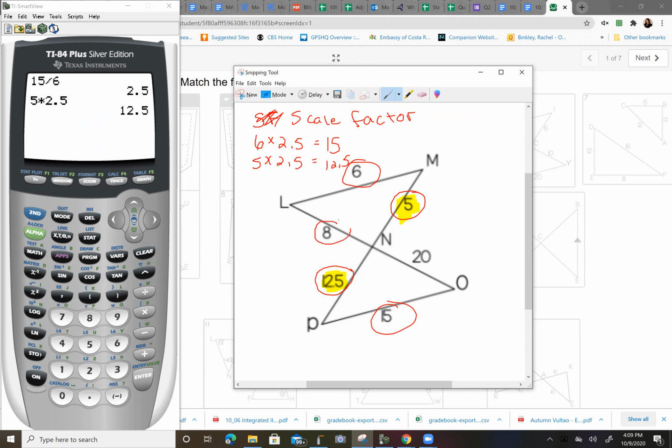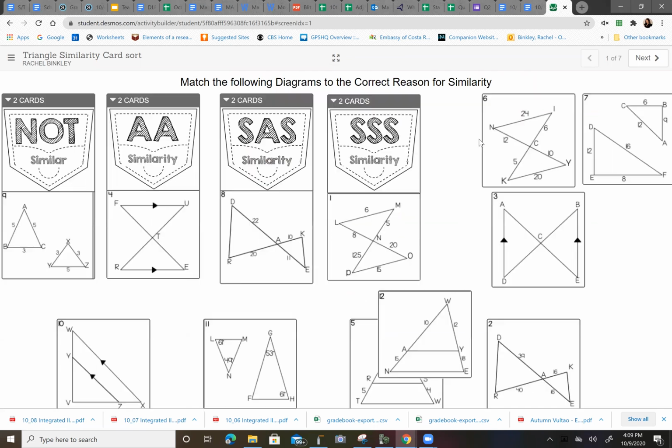If 8 times 2.5 is 20, I can prove that these two triangles are similar. Check it on the calculator, 8 times 2.5, and it's 20. So because if I take each of the sides of the smaller triangle and multiply it by the same number, and I get the sides of the bigger triangle, we know they are similar by side, side, side. So that's why I put that under side, side, side.